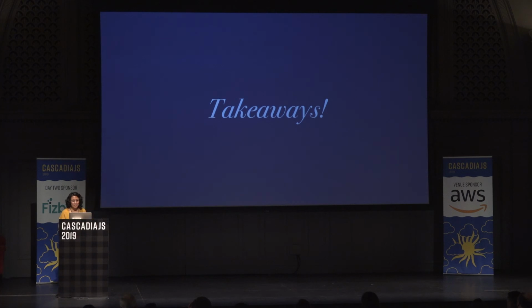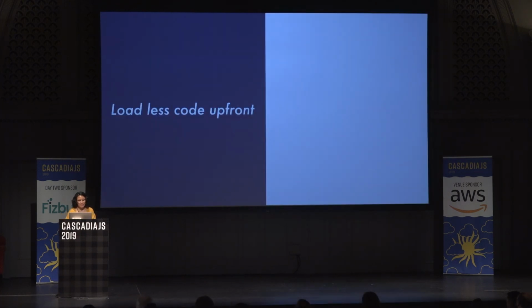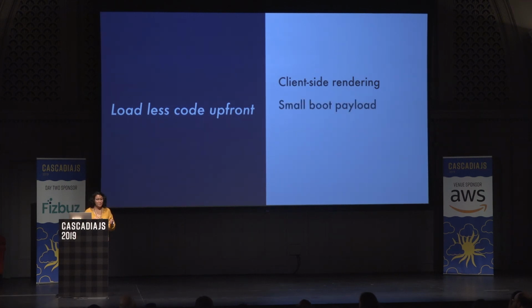So to summarize some takeaways, load less code up front. For us, that meant client-side rendering and moving away from having to download all these templates early on in the boot. A small boot payload would handle sort of bootstrapping us into place and give us better control over the rest of the boot process.